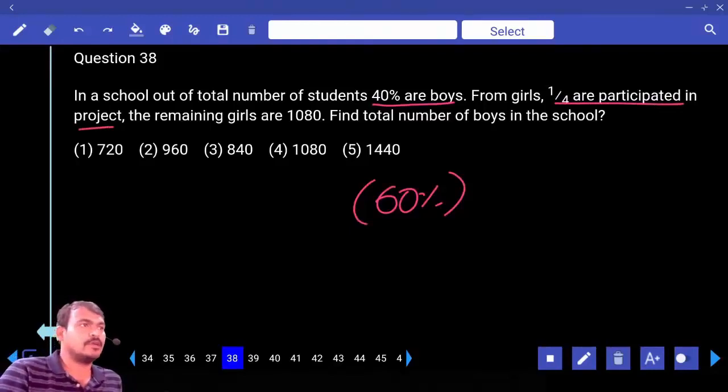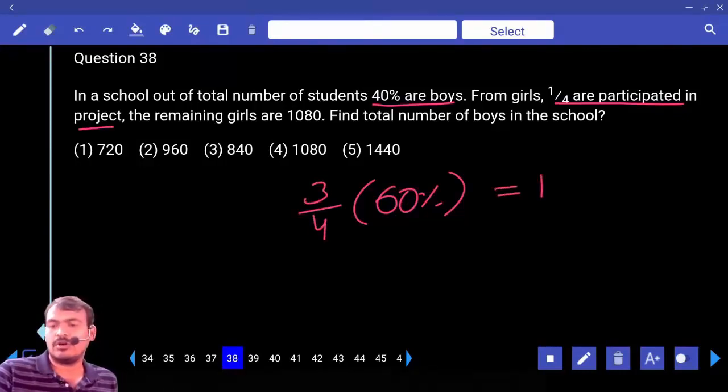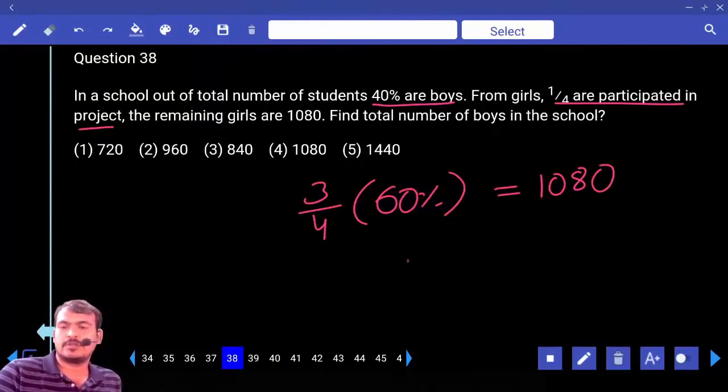Means out of 60, 1/4 are participating. Then the not participating value is how much? 3 by 4. 3 by 4 of which percentage? 60%. That value is equal to 1080. But we required how much percent?